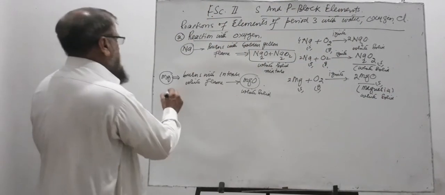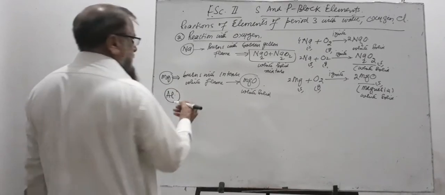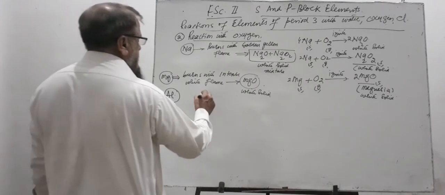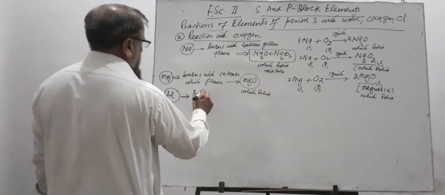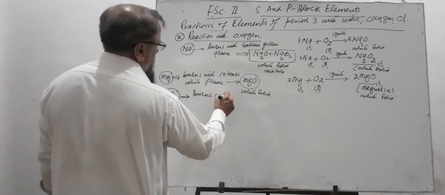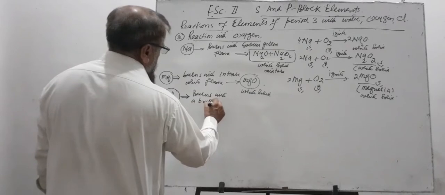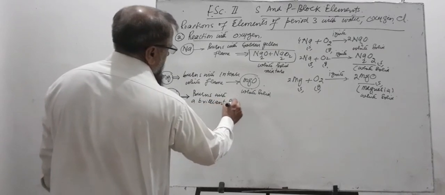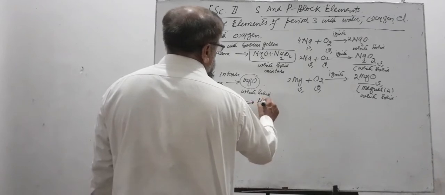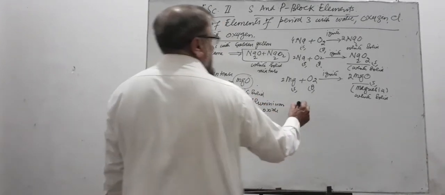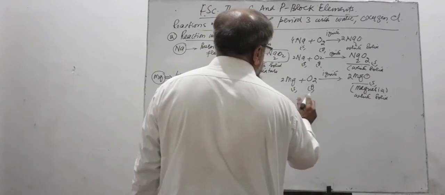Aluminium in period 3, when aluminium foil is burnt in air or a flame, it produces aluminium oxide, burns with an intense, brilliant flame. When aluminium foil is heated, we get aluminium oxide.